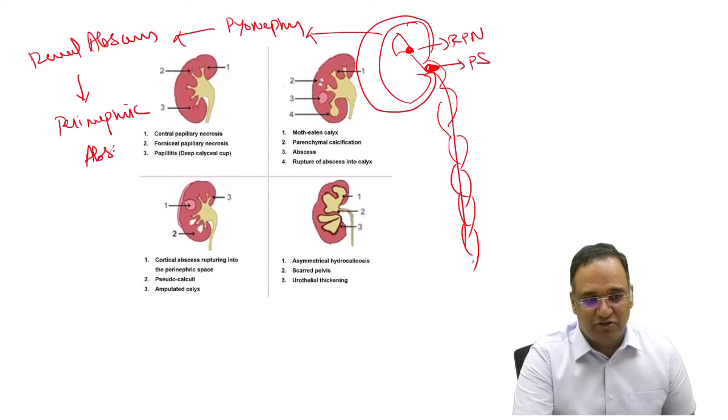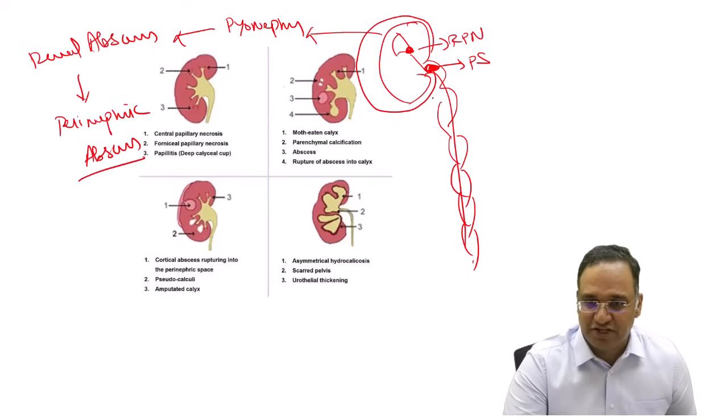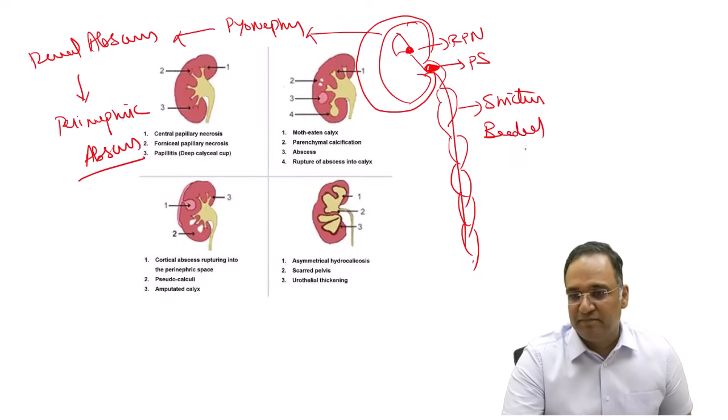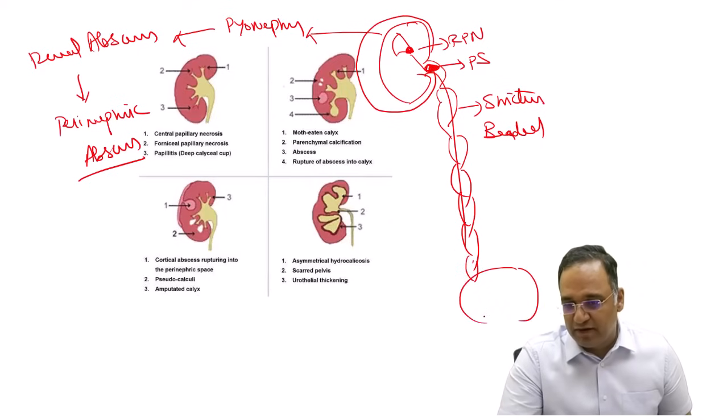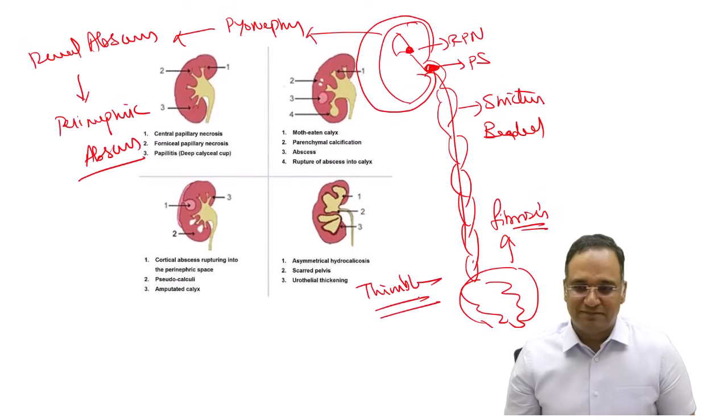We also need to understand this does not stop only at the pelviureteric junction, it can also go to the ureter, and involvement of the ureter causes multiple strictures, causing a beaded ureter. It also involves the urinary bladder, causing fibrosis, and the fibrosis of the urinary bladder is called thimble bladder.